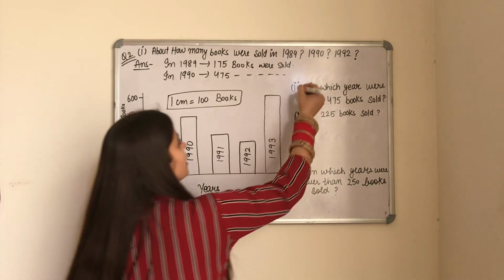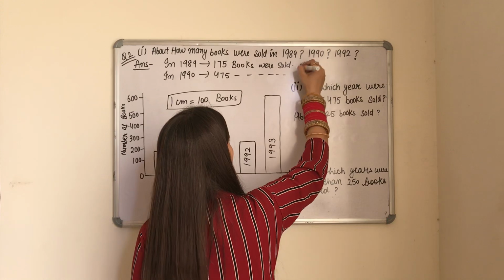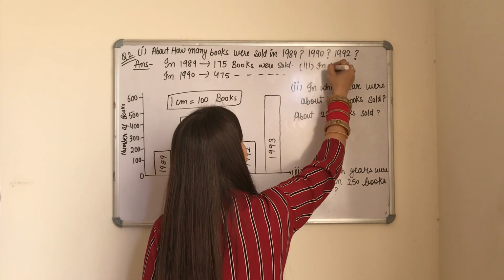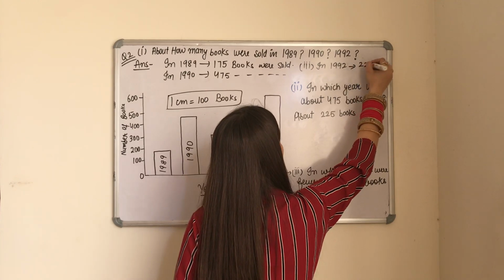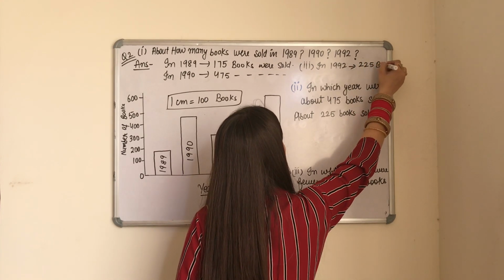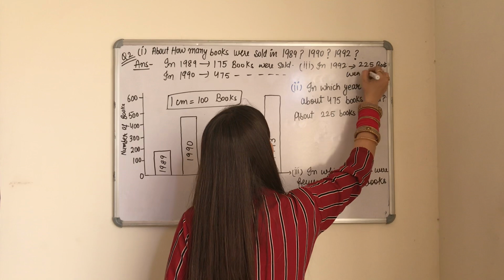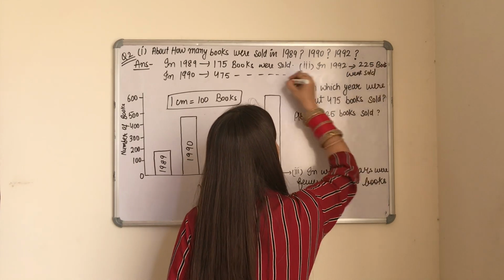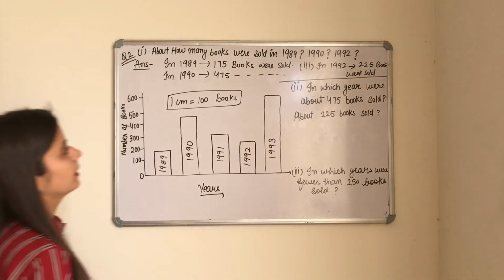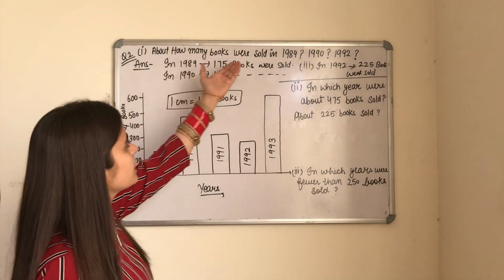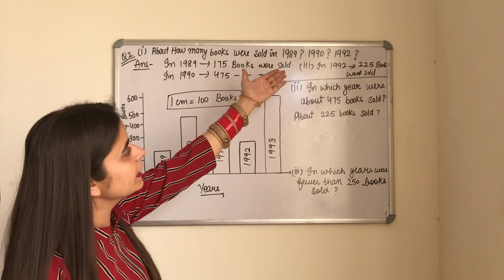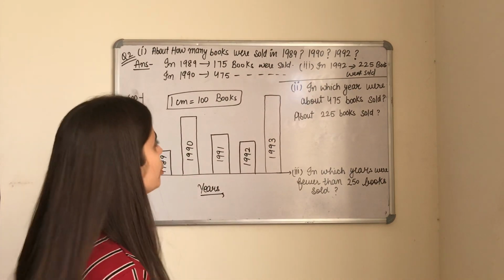So it is 225. In 1992, 225 books were sold. This is the answer of our first question: how many books were sold in 1989, 1990 and 1992.